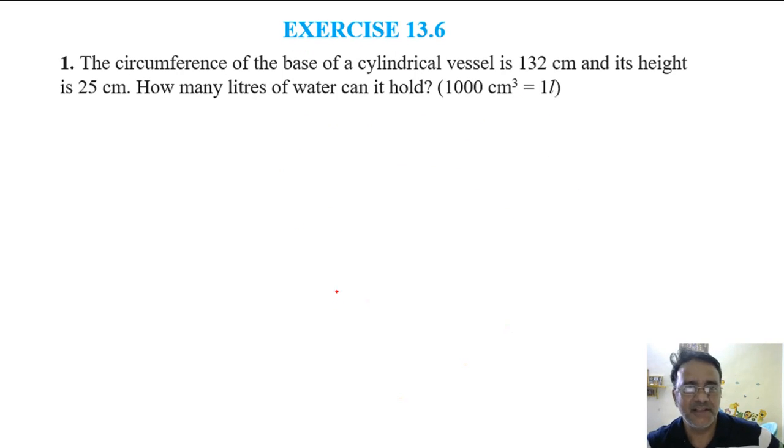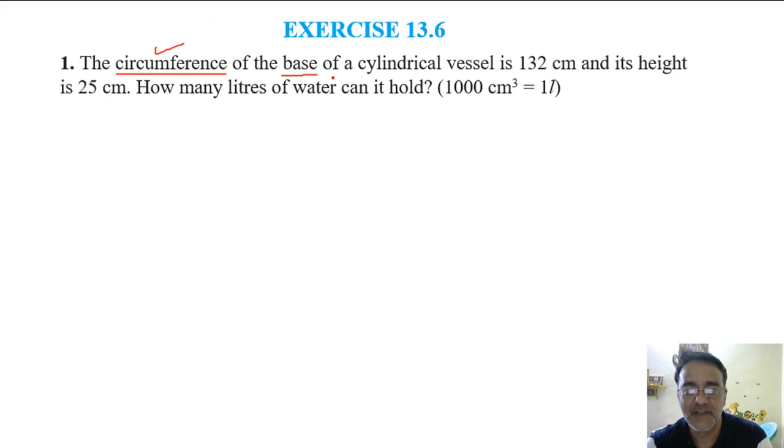See, the circumference of the base of a cylindrical vessel is given. The base is circular in shape, the shape of the figure of the base will be a circle. Okay, so circumference is given. So what is the circumference of the base? 2 pi r. Right, very good.